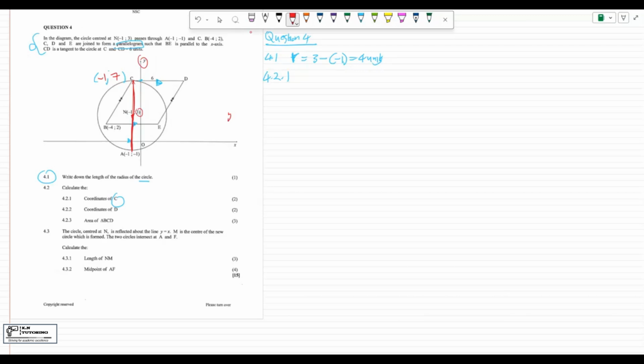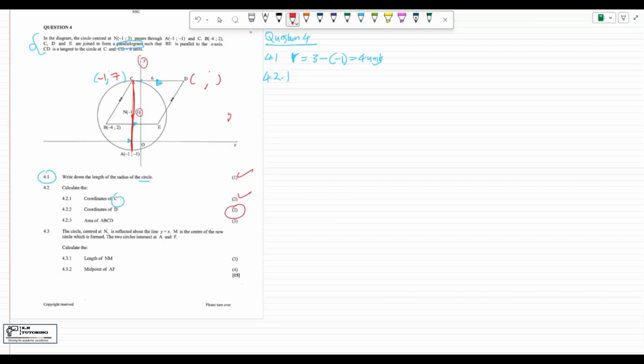Calculate the coordinates of D. Where's my D? So we want the coordinates there, also for 2 marks.